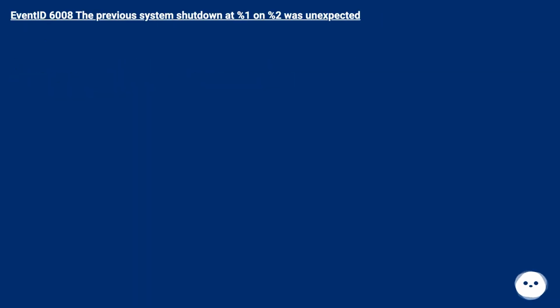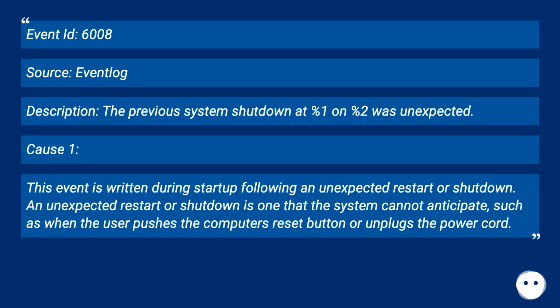Event ID 6008. The previous system shutdown at %1 on %2 was unexpected. Cause: this event is written during startup following an unexpected restart or shutdown.